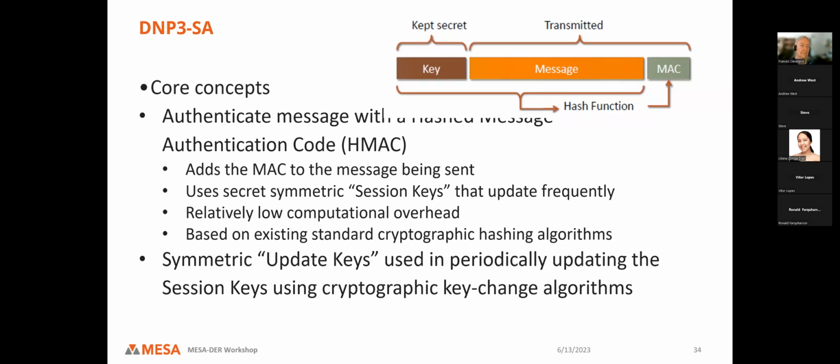So unfortunately, that image has gone over the text. Never mind. The basic concept here that's used within DNP secure authentication, and is also the underlying concept that's used in most of the other technologies, such as TLS, is the idea of having a code. One of the concepts that's used, and the one that we are using, is a message authentication code, which is added to a message.